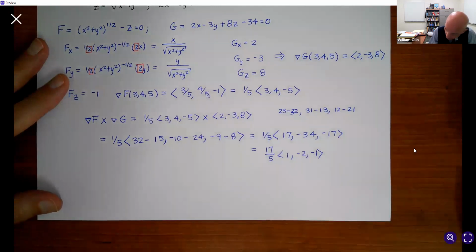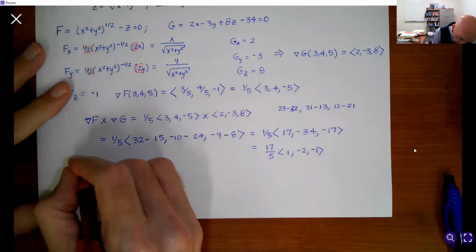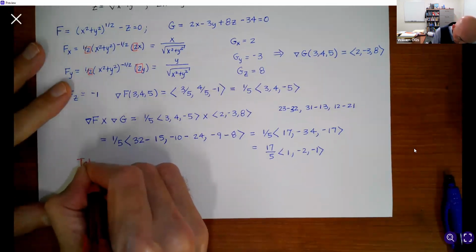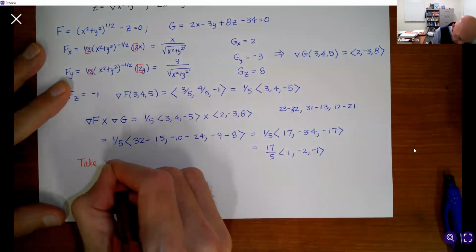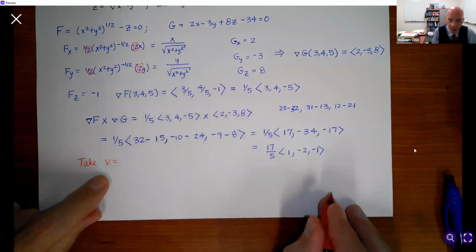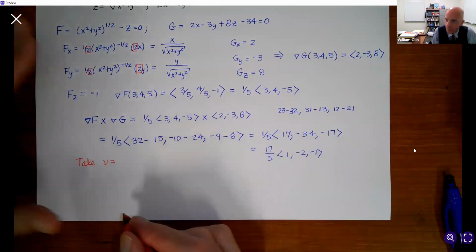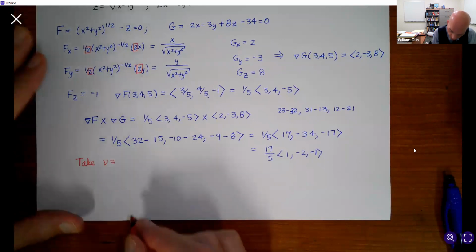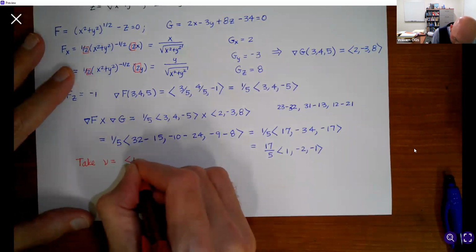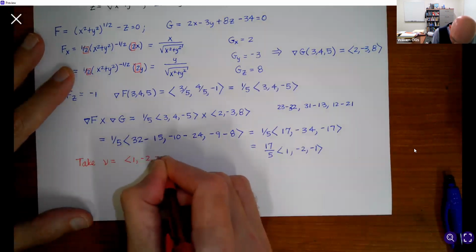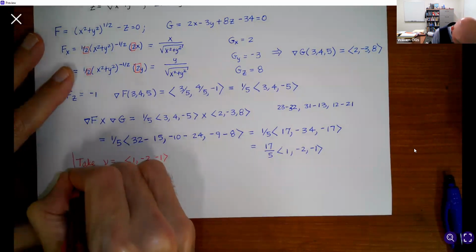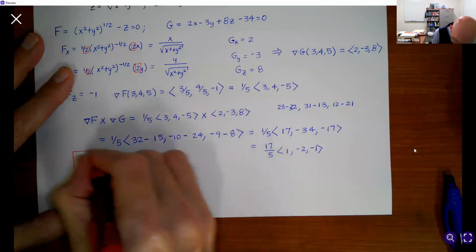So at this point, and I'll write this in red, we will take the direction vector, and we often use direction for lines as the Greek nu. It looks like the V. I use it for V and velocity because it's easy to write. So we'll have 1, -2, -1. So that gives us the direction of the line.